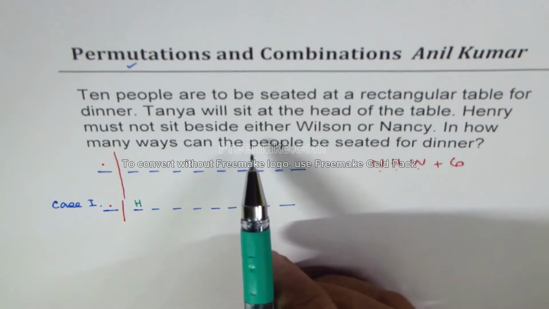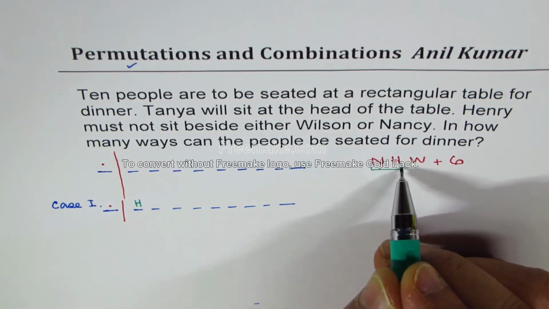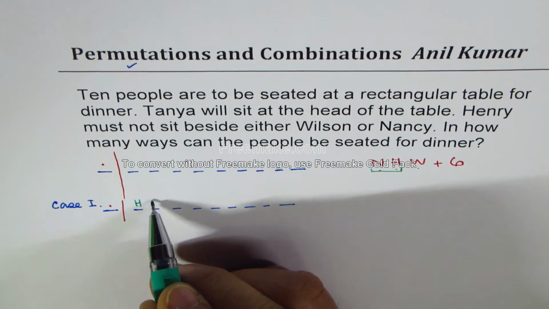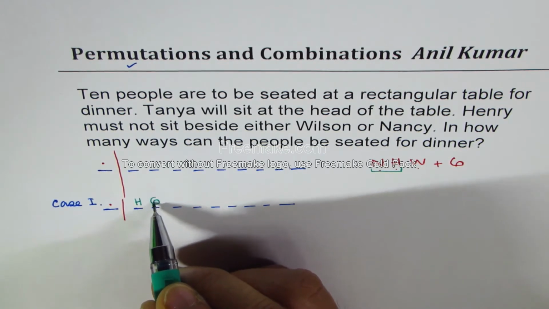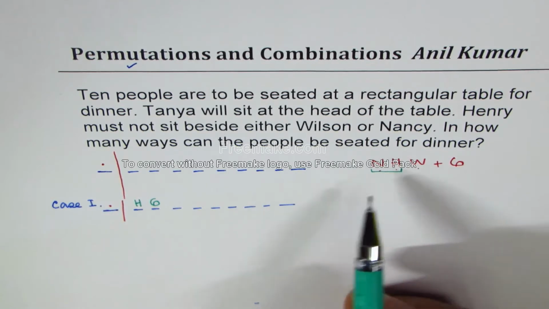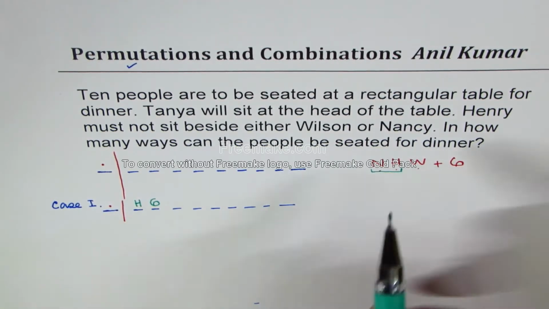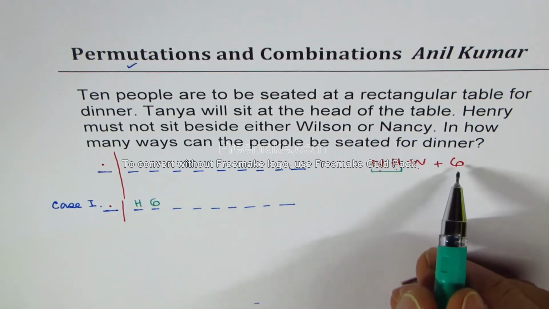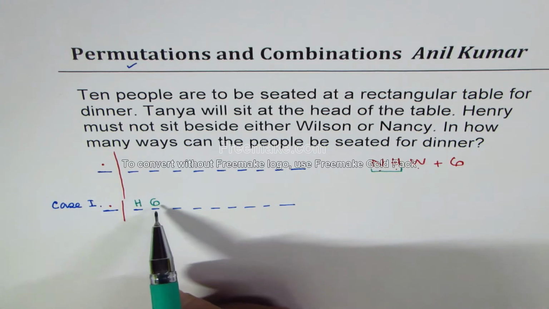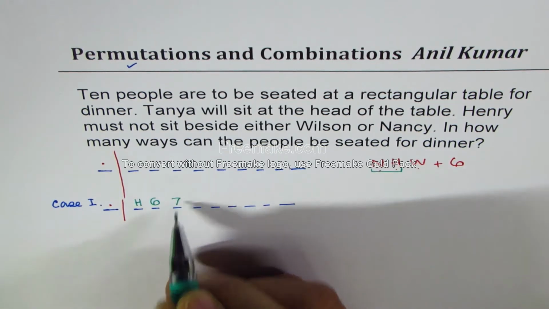Since Henry cannot sit beside Wilson and Nancy, we cannot take these 2. We are left with 6 options. So the next position could be taken by any 6 of these 9. Henry has been fixed, 1 out of 6 has been taken care of. That means out of 9, 2 have been taken care of. We are left with 7, which can take this position.